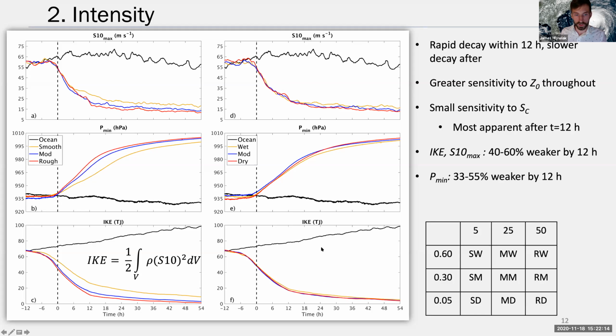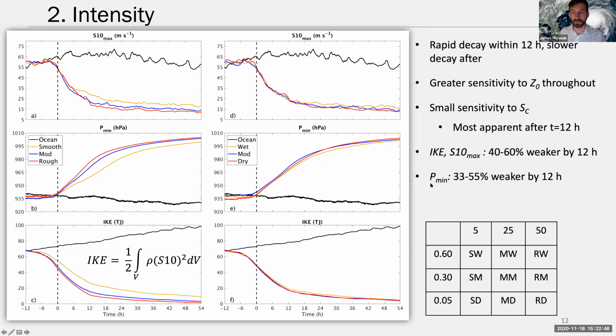When looking at moisture, I actually see a less clear relationship between moisture and inland strength, as all cases are relatively the same intensity within 12 hours of landfall. We see that the wet case is marginally stronger inland as time progresses and as the storms weaken. So the wind-based metrics, IKE and S10 max, are 40% for the smooth case to 60% for the rough case, weaker by 12 hours.